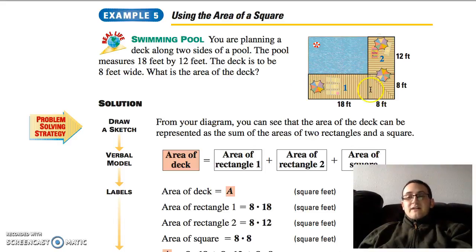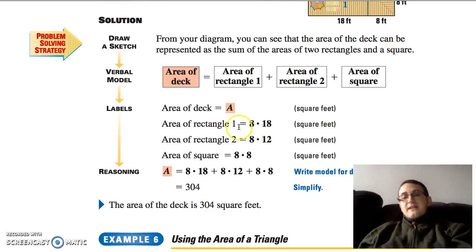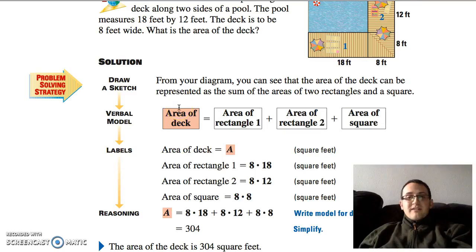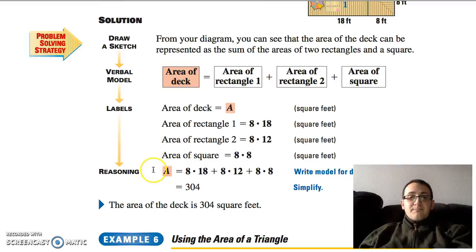Actually, a square is technically a rectangle, so you could say 2 rectangles and a square, that special type of rectangle where all the sides are the same. I'm going to find the area of each rectangle and the area of the square. I know those formulas, so I'm just going to add those up, and after I add it up, I get 304.